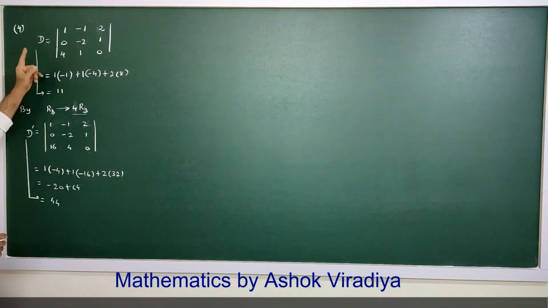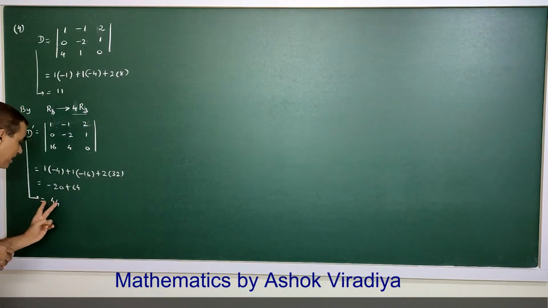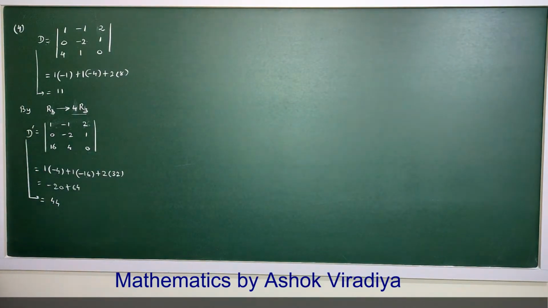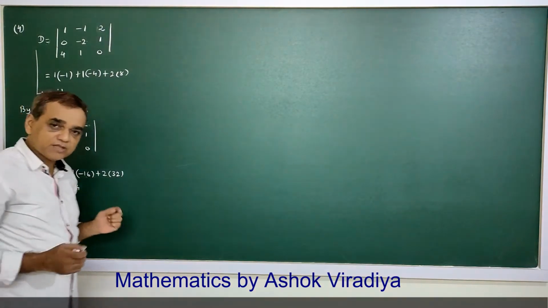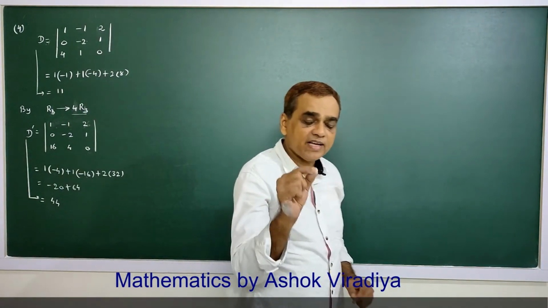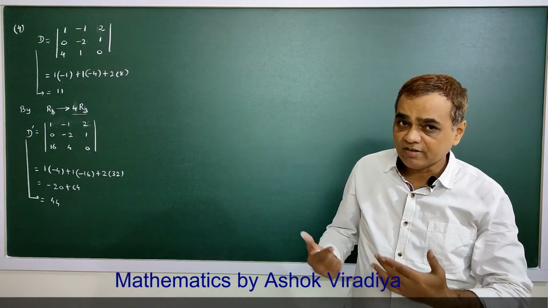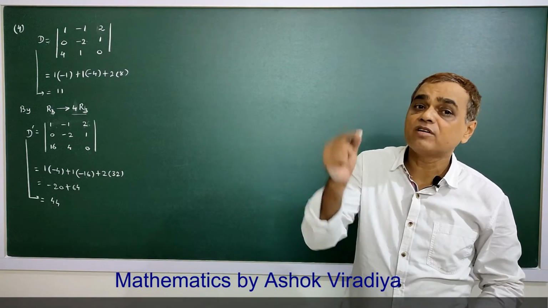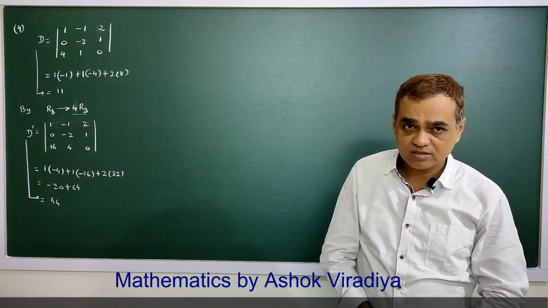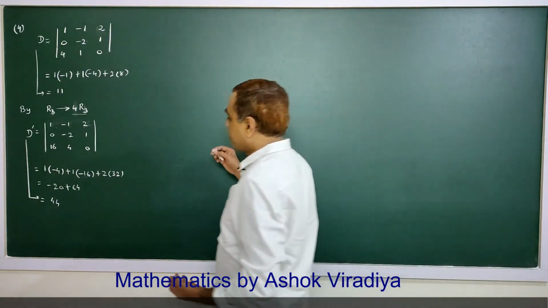If you multiply the third row by minus 2, then this will be minus 2 times 11, so minus 22. So that means if any row or any column is multiplied by some constant k, then the value of the new determinant obtained thus will be k times the value of the given determinant. So that is the property.